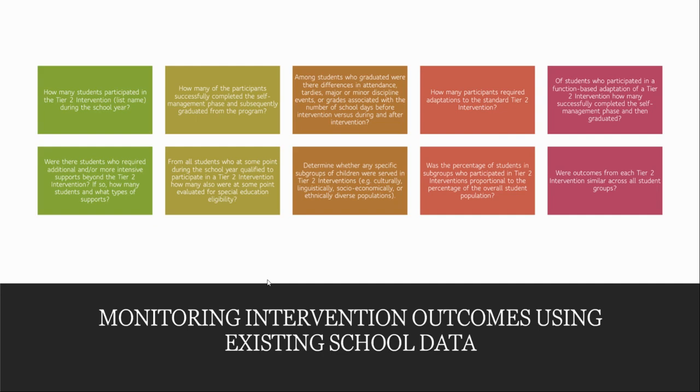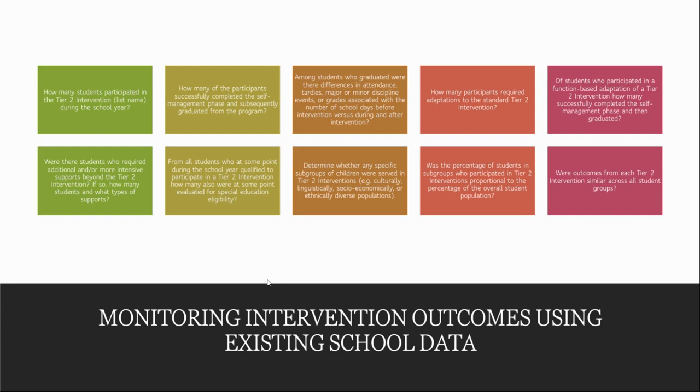So we're going to be looking at how many students were identified via either nomination, the universal screener, or our data review, and how many of those students were also then identified as eligible for special education services. We're going to determine whether any specific subgroups of children were served in tier 2 interventions, whether English as second language learners, socioeconomic subgroups, or racial subgroups.